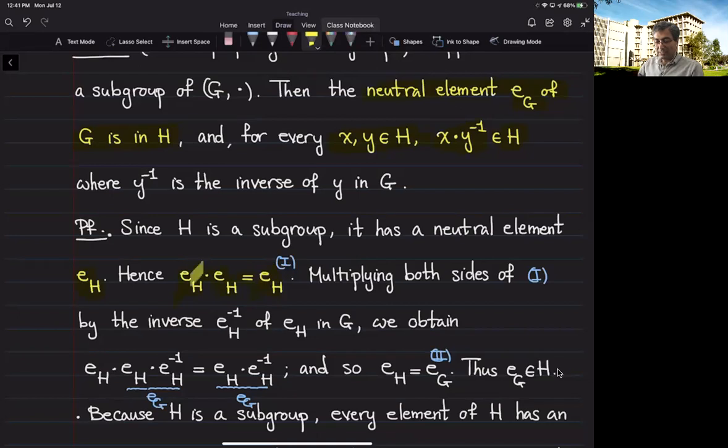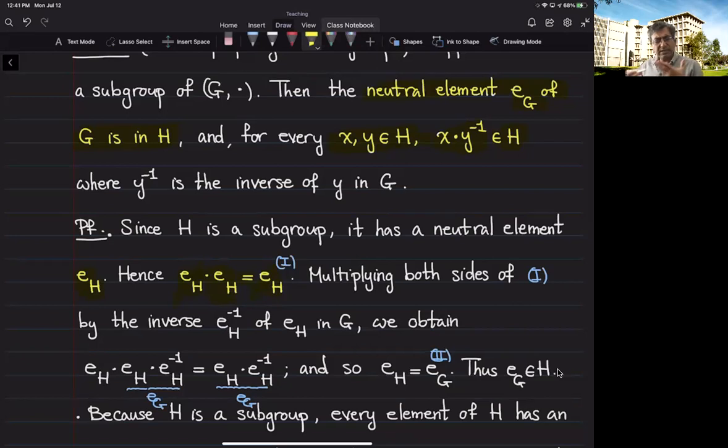When I cancel out this one, I end up getting the neutral element of H on the right-hand side. So on the right-hand side only, I get the neutral element of H. On the left-hand side, I end up getting the neutral element of G. Therefore, the neutral element of a subgroup is the same as the neutral element of the group, and therefore E sub G belongs to H.